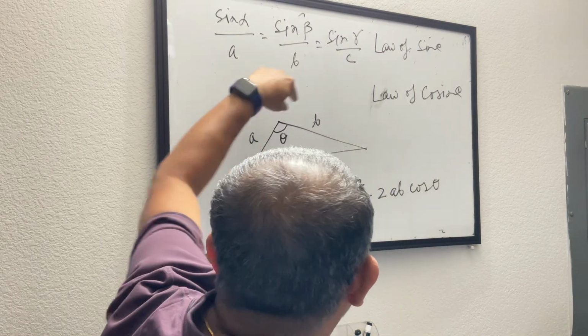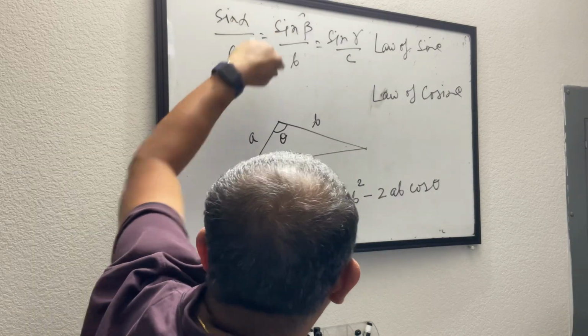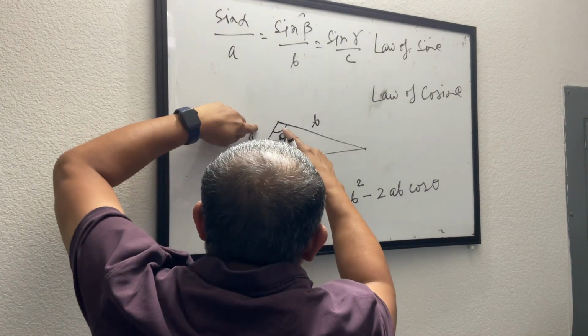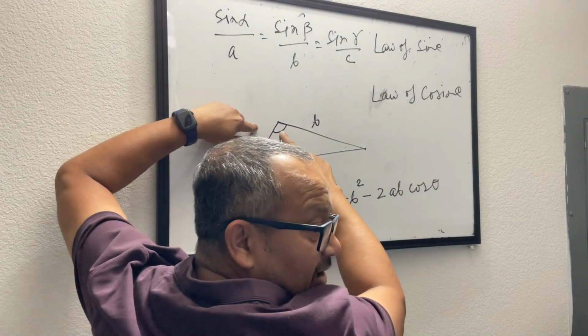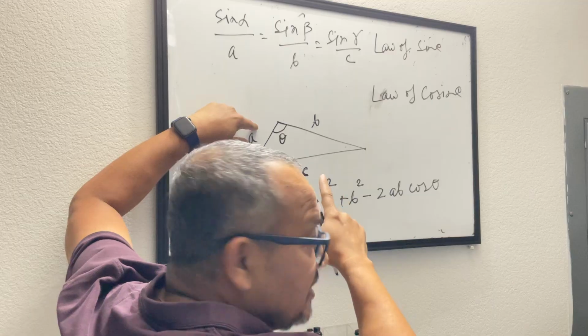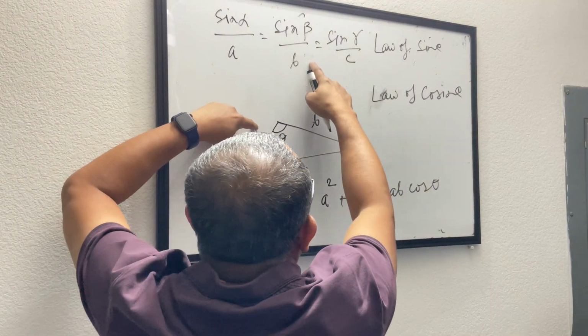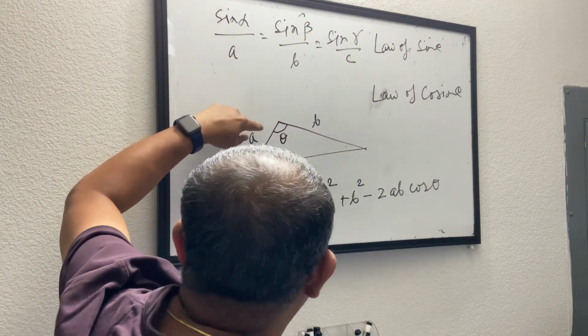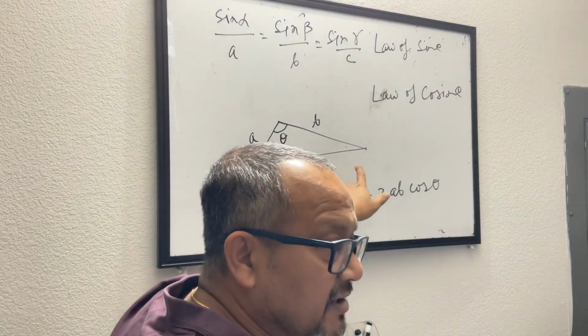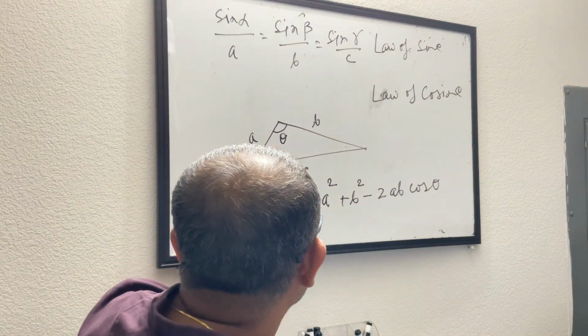In this case, if you relate it to this triangle, you should know this side and this side. See, this angle is in between. Look at this one. Why do we even need to bother about cos of theta? If you have law of sine, this works fine as long as you know the sides and one of the angles opposite to that side. In this case, what is happening?